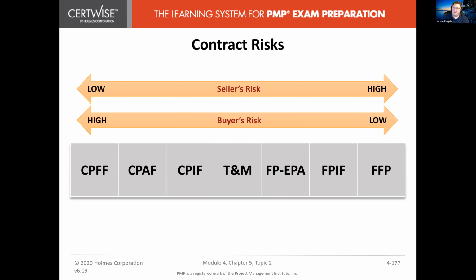Cost plus fixed fee is high for the buyer's risk, but low for the seller. They're going to get reimbursed all their cost, but the fixed fee won't vary, and they're getting all their money back as a seller. But it's higher on the buyer's risk because of the cost part.